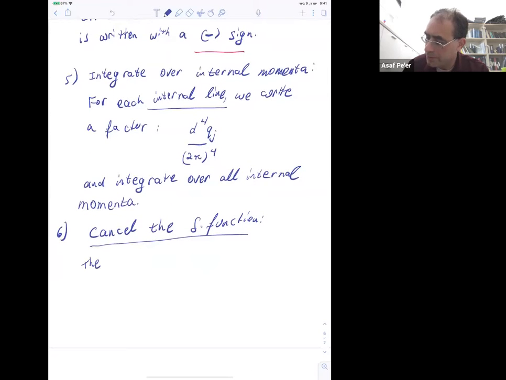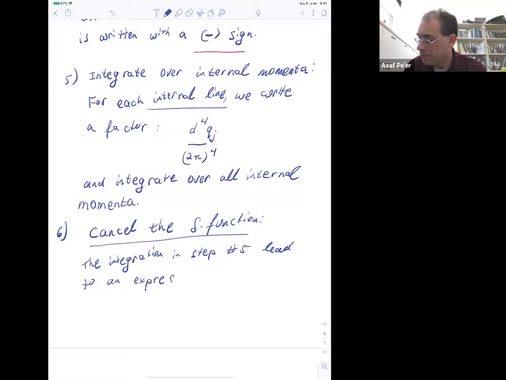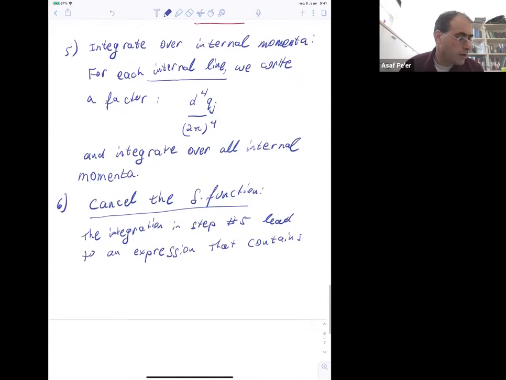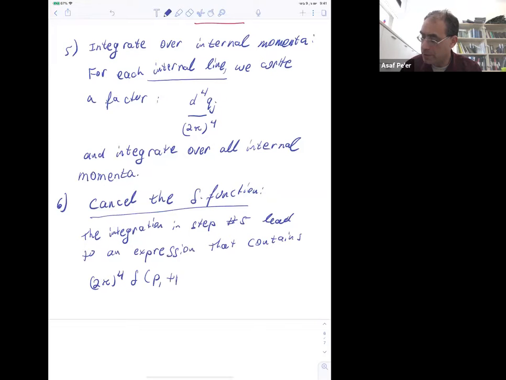The integration in step 5 leads to an expression that contains 2 pi to the 4 delta of P1 plus P2 minus ... Pn.